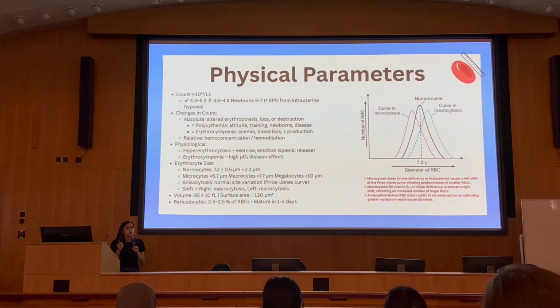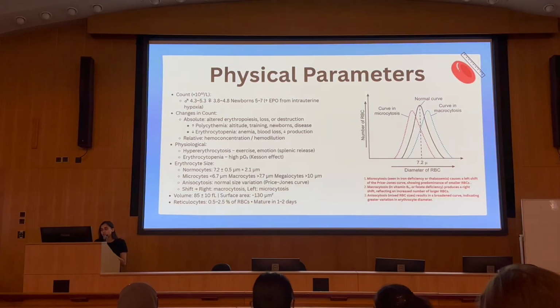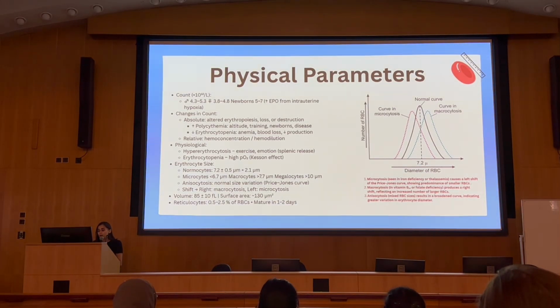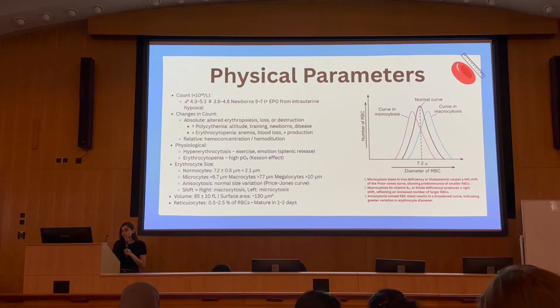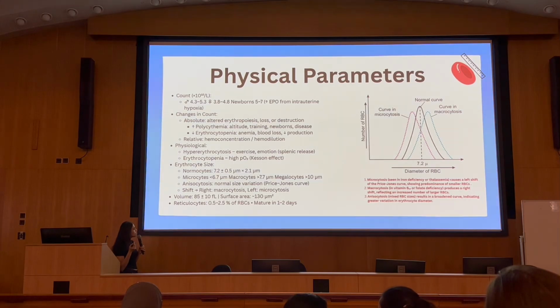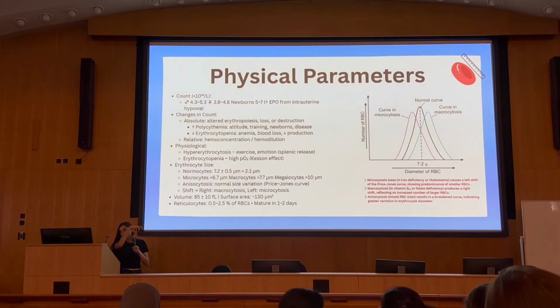And iron is also required for the maturation of RBC. So you get microcytes in that case. Or macrocytes. Macrocytes can be in vitamin B12 deficiency or folate deficiency. There's a disease called pernicious anemia or megaloblastic anemia that you can see on the right.